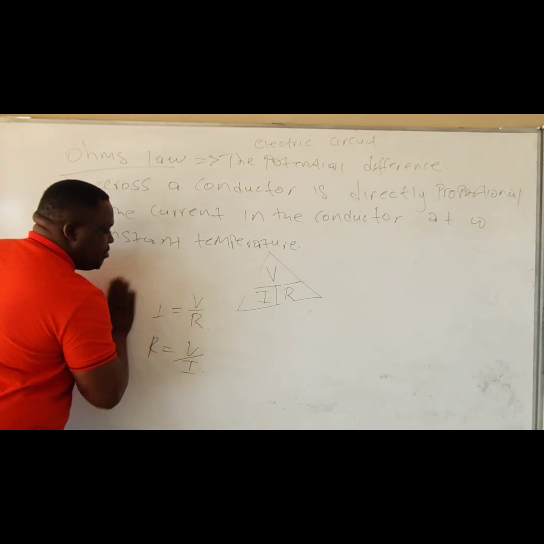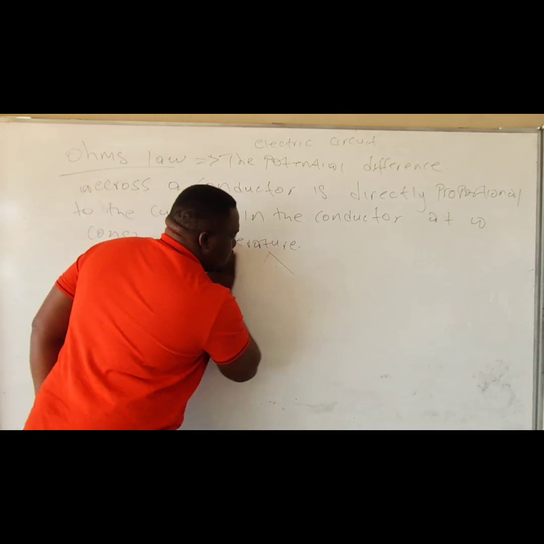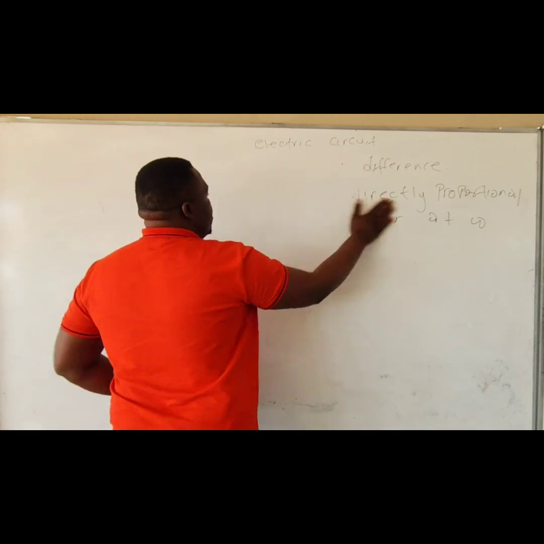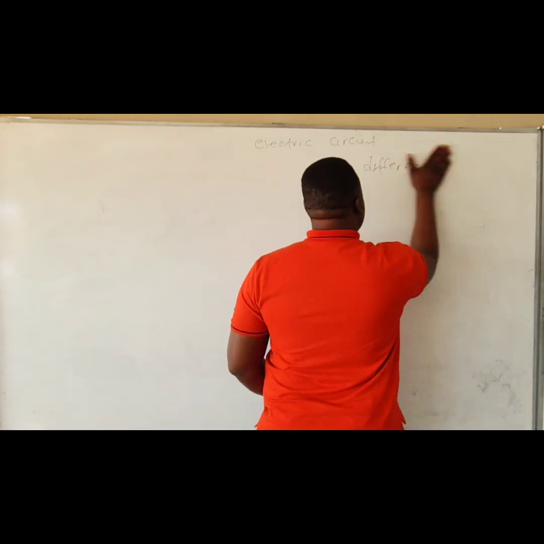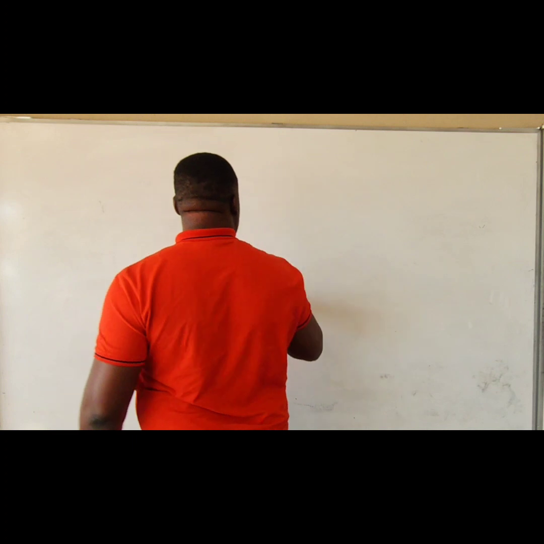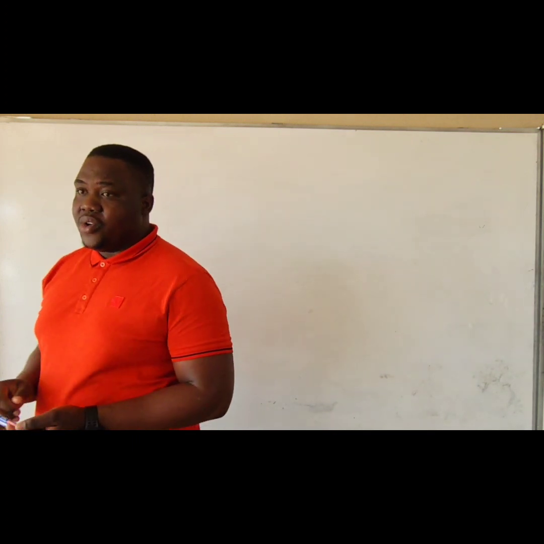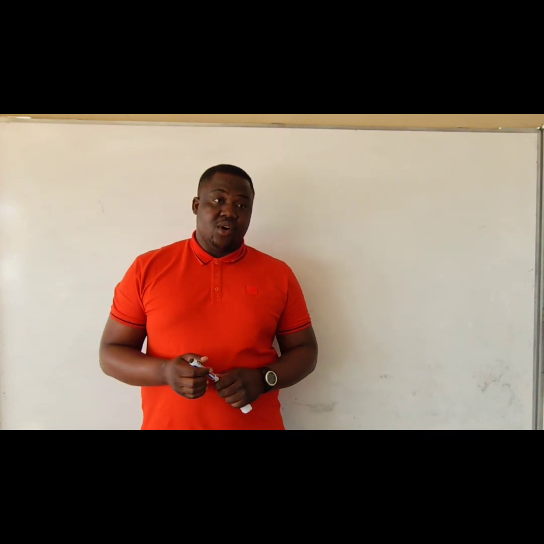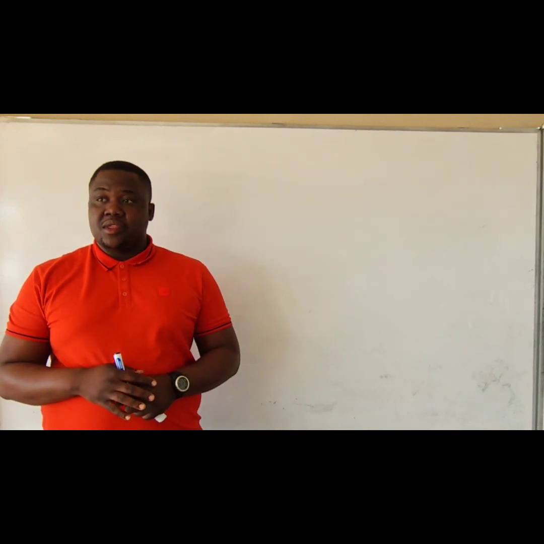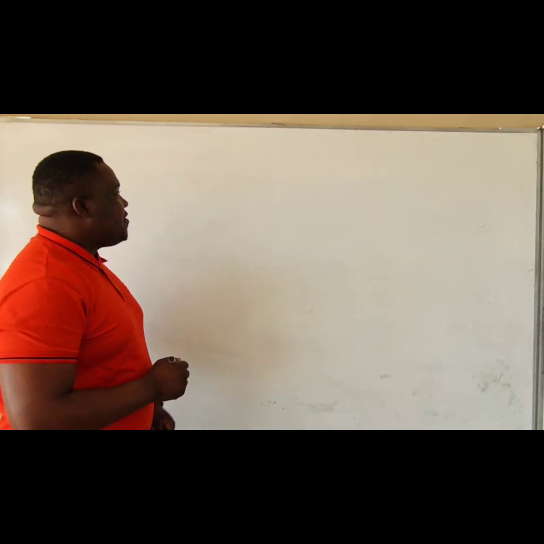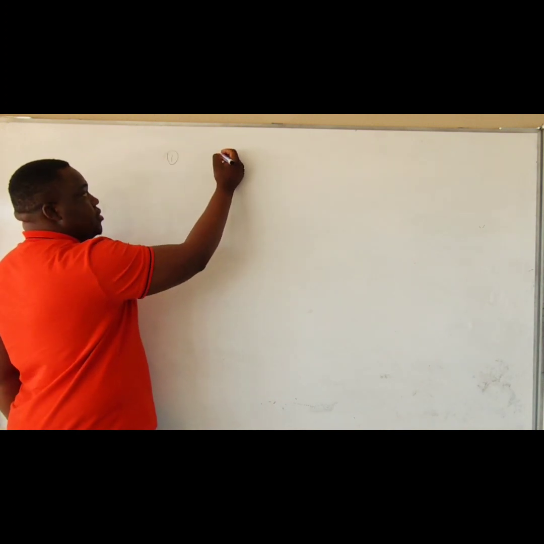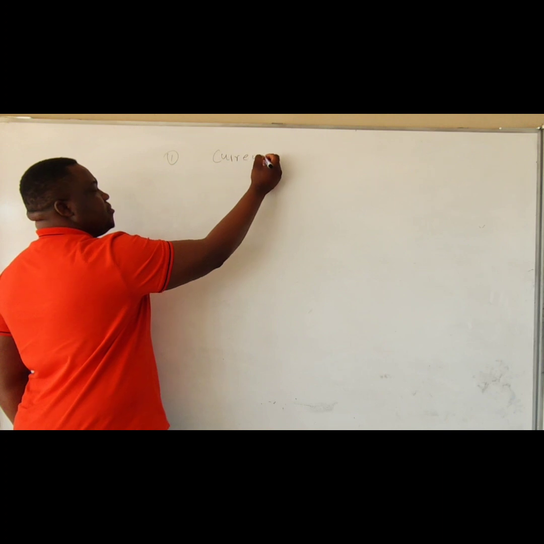Okay, ladies and gentlemen, we have explained Ohm's law. Ever since the start of the lesson, we were explaining Ohm's law. So now we're going to further explain what is happening with Ohm's law. Here is the first thing. Let us talk about current. How does current behave?